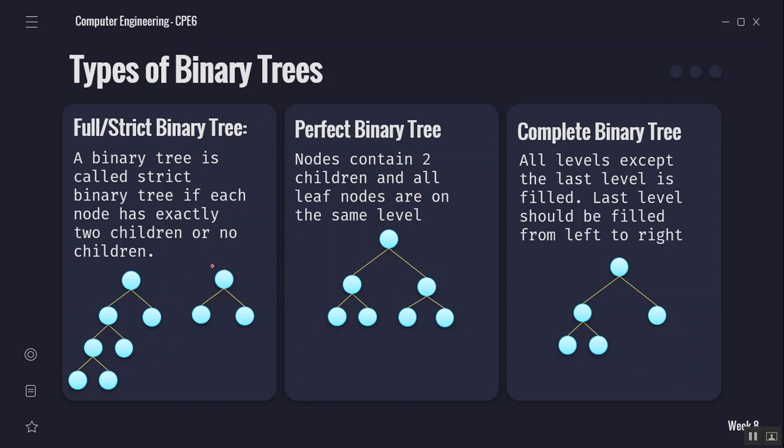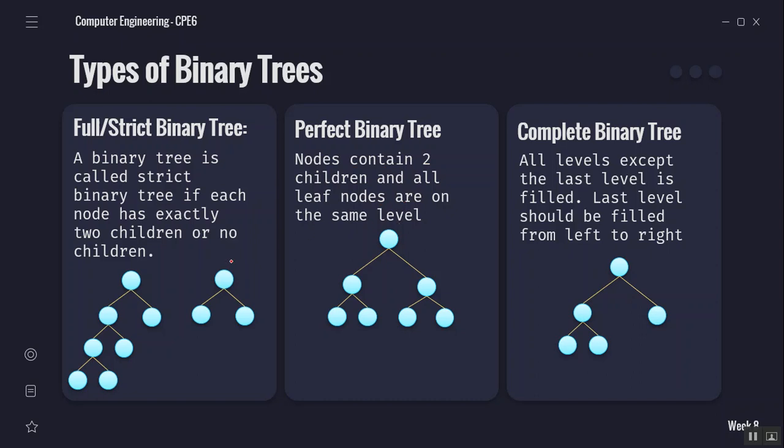Another one is this figure. The root node has two children, and these two children have no children. So that's why this is a full or strict binary tree. Now another one is the perfect binary tree. In a perfect binary tree, the nodes contain two children and all leaf nodes are on the same level.